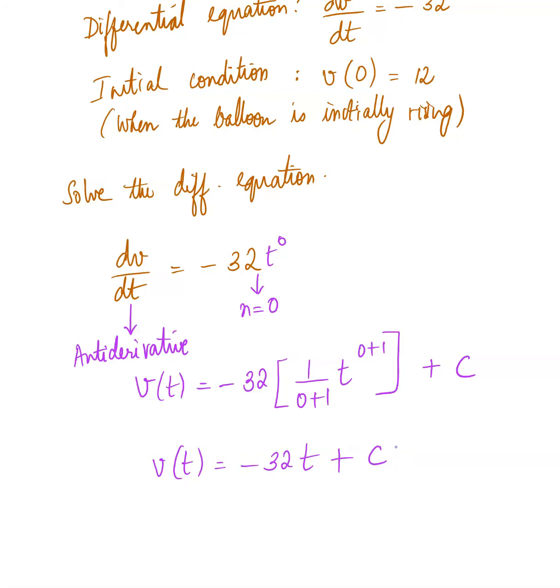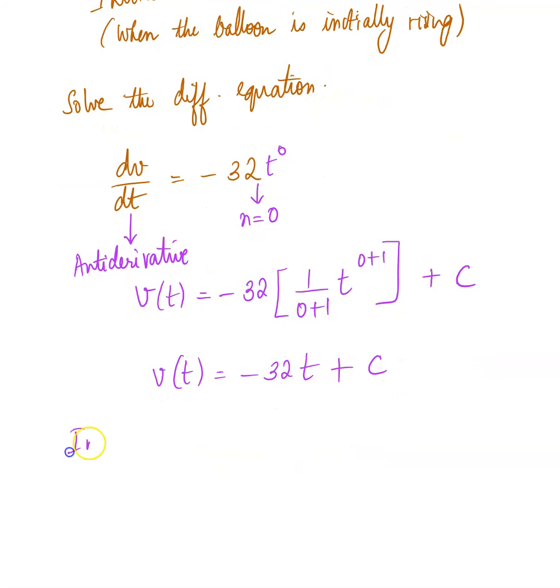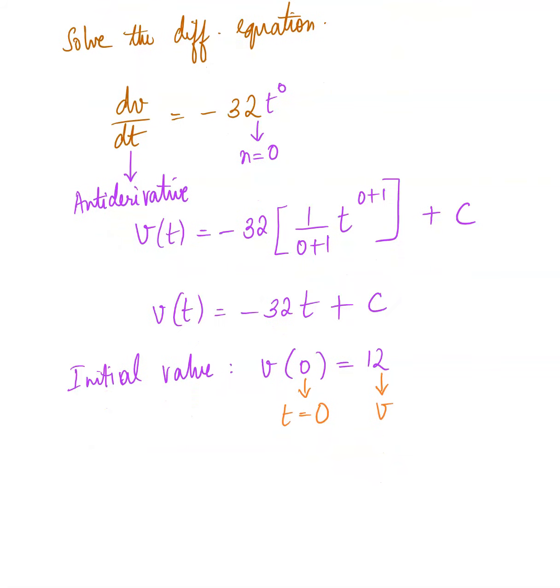That's your velocity. And now we use the initial value, which is v of 0 equals 12. And we do know that this is your x. I'm sorry, in this case it's t. I'm so fixed on x myself. So this is t, and this is v. So let's plug in for t and v.